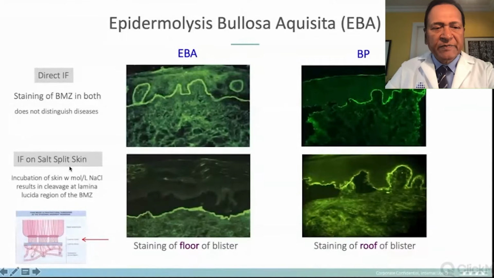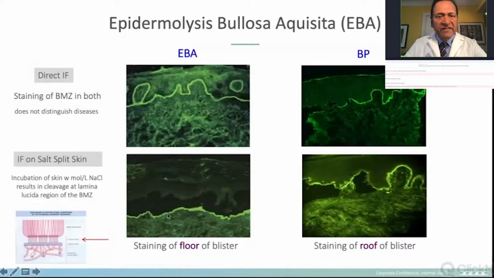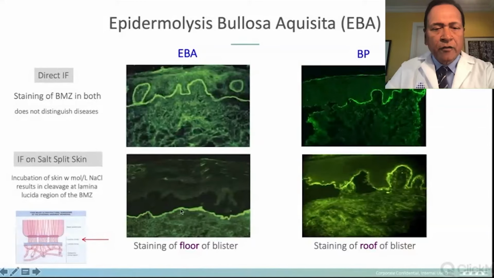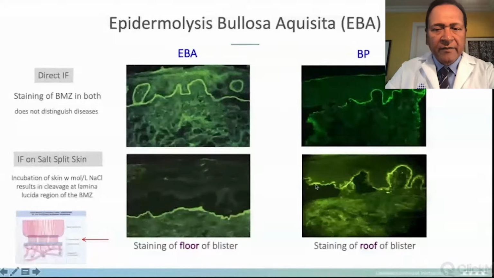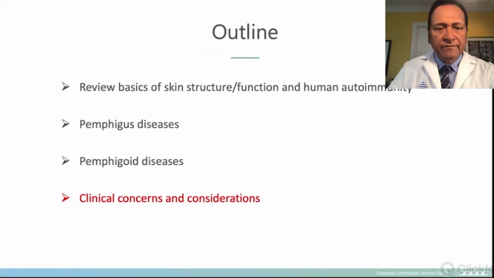If you treat the skin with sodium chloride and split the epidermis from the dermis, you'll see in EBA that the immunoreactivity is at the floor of the blister, and in BP, a pemphigoid group disease, it's at the roof of the blister, indicating that the immunoreactivity is below the dermal epidermal junction in EBA, and here in BP it's above. It's just at the hemidesmosome. And Dr. Grover will be going over this again more extensively.